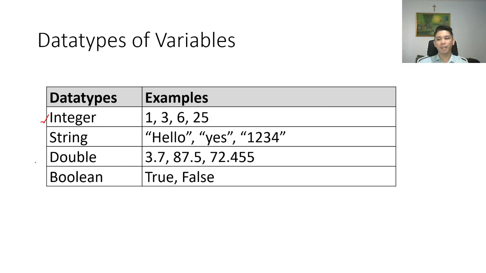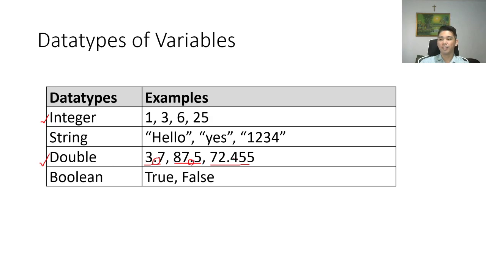The data type for that is actually double, or in some programming languages, that is float or floating number. But Java actually has a float data type, but we normally use double. Anyway, for double, it has a decimal point, like these examples, 3.7, 87.5, 72.455. So all of them have decimal points.